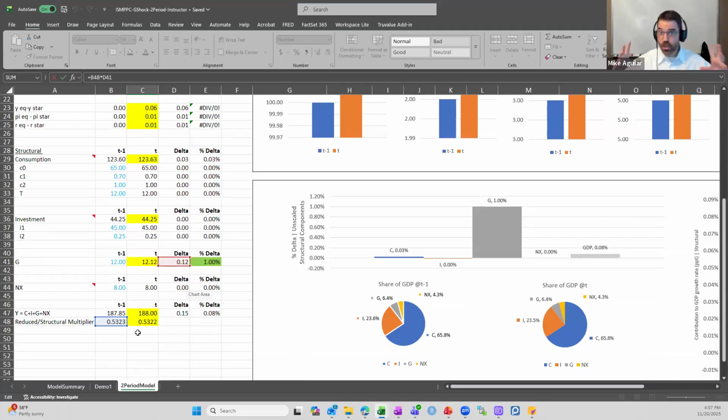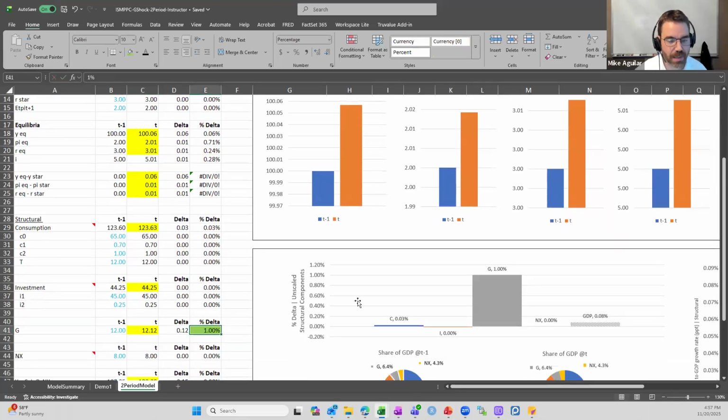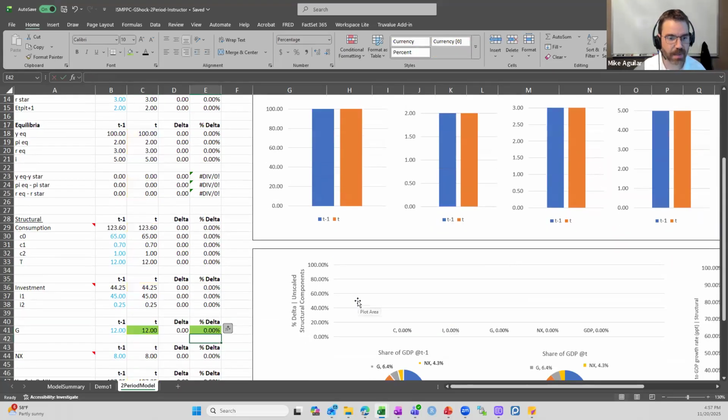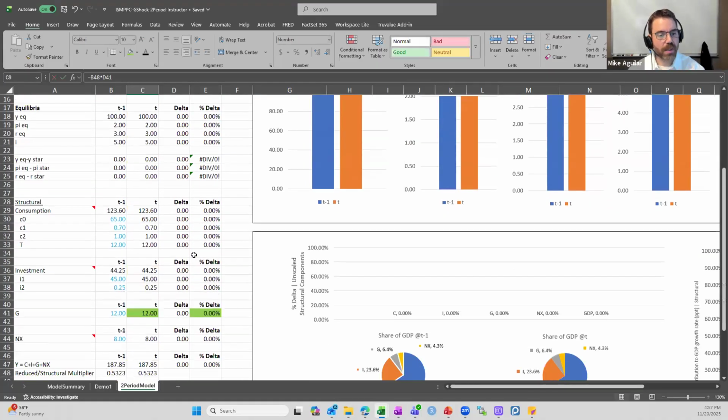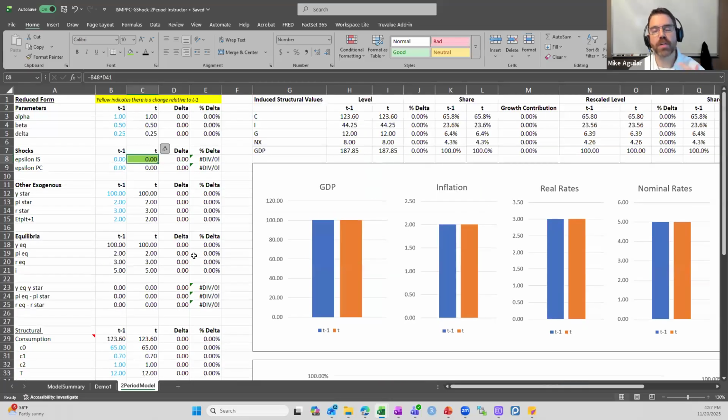Why is that? Remember, we just went through this whole thing where you have to shrink the pie so the shares are the same, but still consistent with your reduced form amount. So let's redo that. Rewind the tape. Right now, my structural value is at 12. My reduced form is at 0.